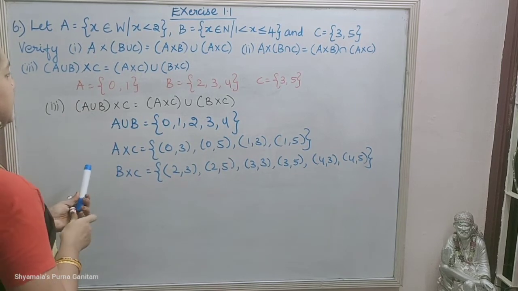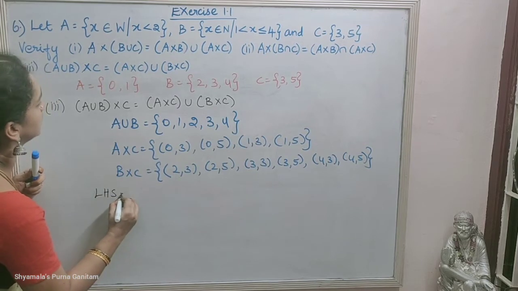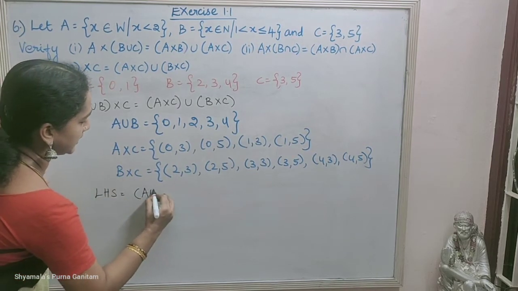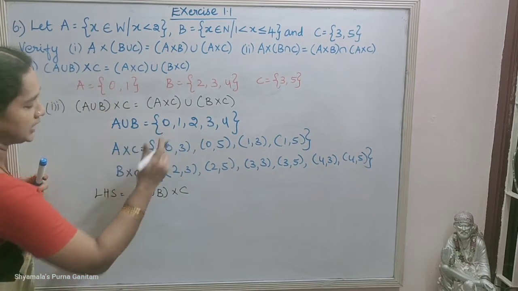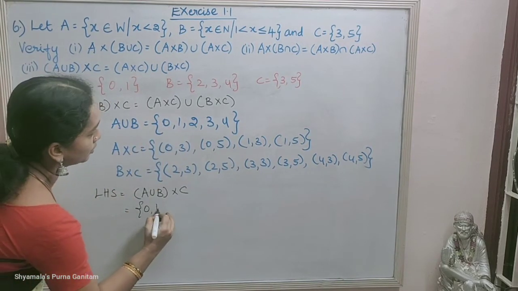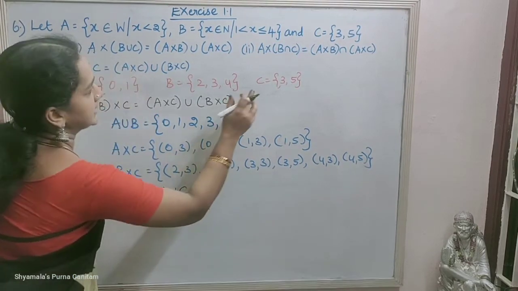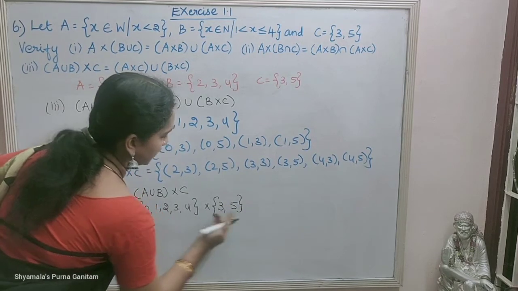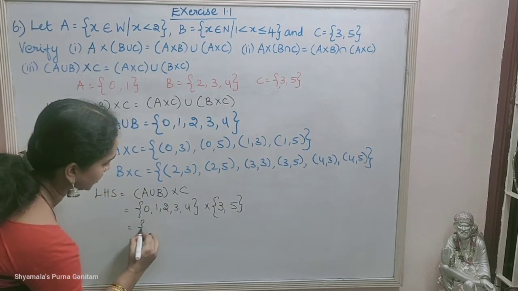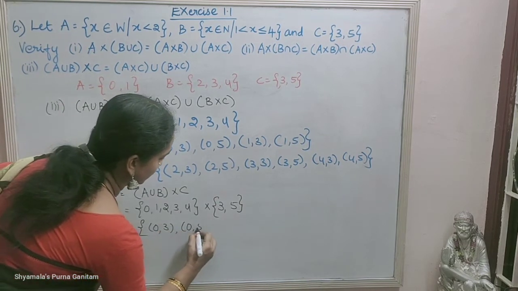Now we will take LHS. So LHS is equal to (A union B) cross C. So A union B is 0, 1, 2, 3, 4. Cross C is {3, 5}. So now we will find the cross product of these two sets. So (0, 3), (0, 5).